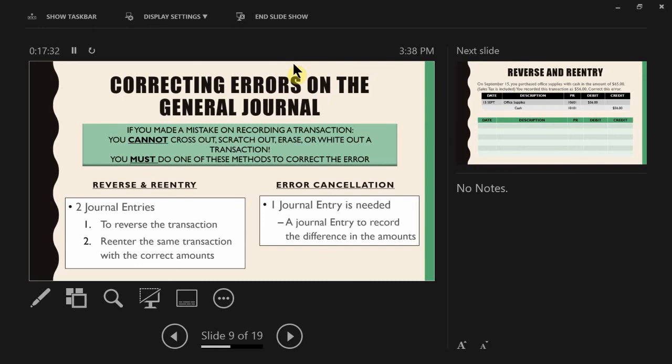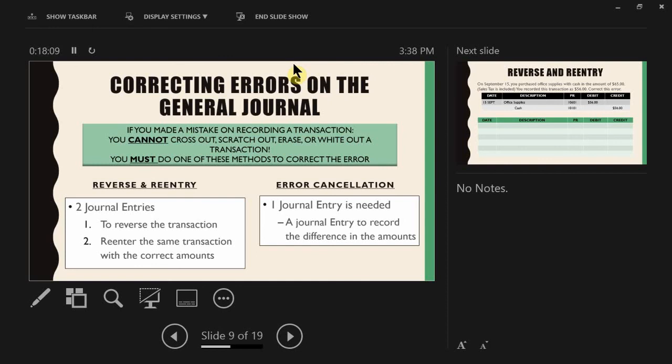So this is exactly why we are trying to help you professionalize yourself by having you be able to correct an entry. Nobody's perfect, but there are some rules and guidelines, especially if you're going out into the real world. You cannot scratch out, erase, black it out, white it out, or scribble it out. You cannot change a transaction if you made a mistake.